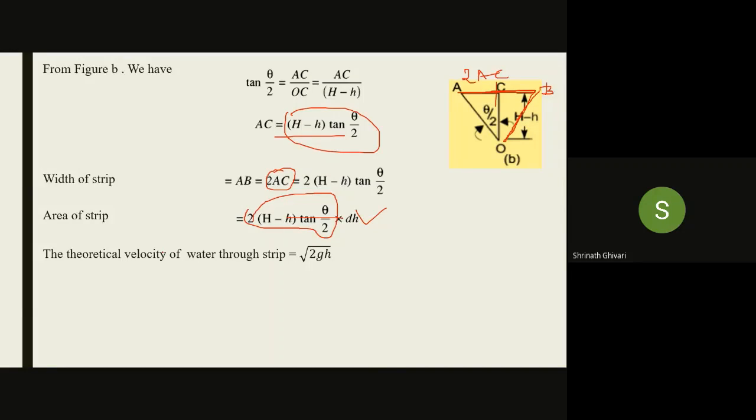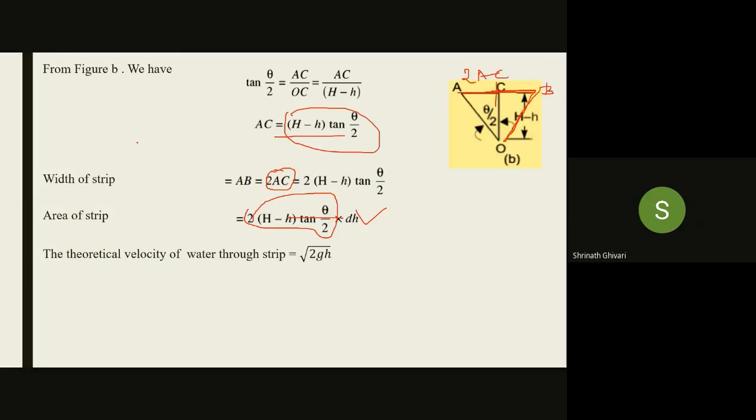What will be the equation for discharge? In the previous derivation we got that expression. What was dQ? dQ equals Cd into area of the strip into theoretical velocity.